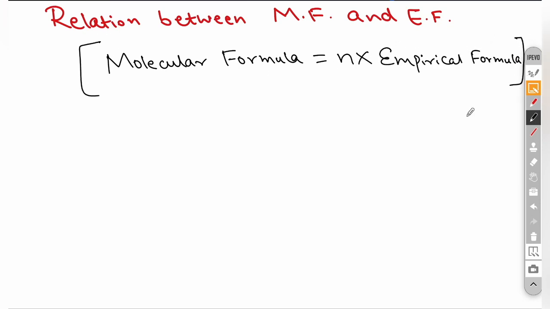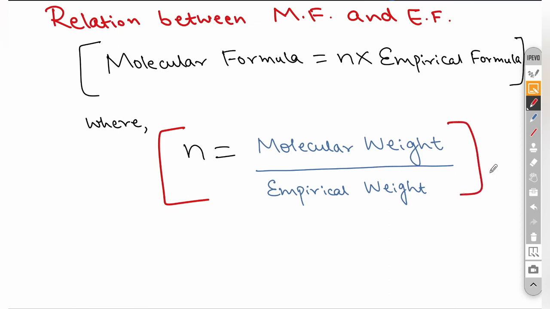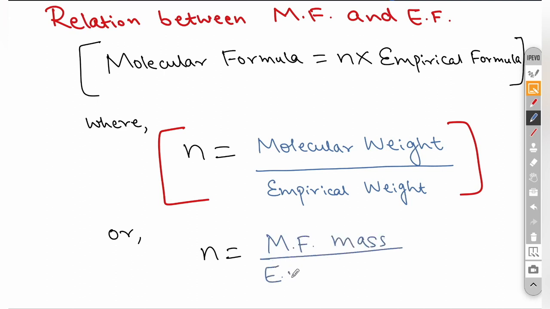Here n is molecular weight divided by empirical weight, or simply you can write n as molecular formula mass, which is molecular weight, divided by empirical formula mass, which is empirical weight.